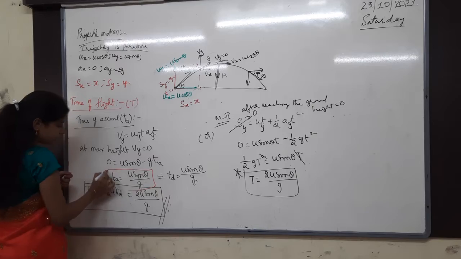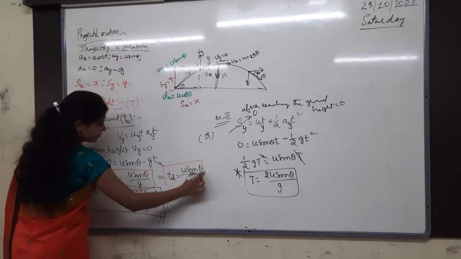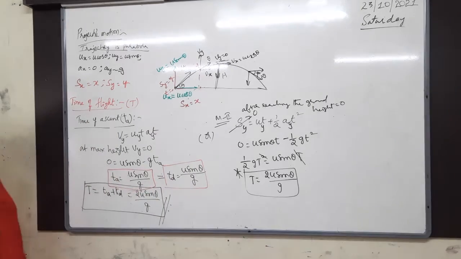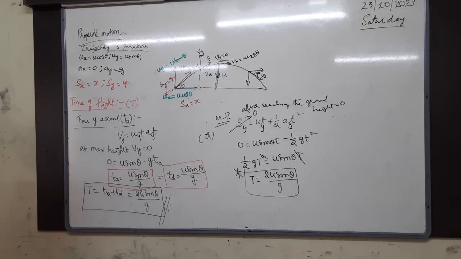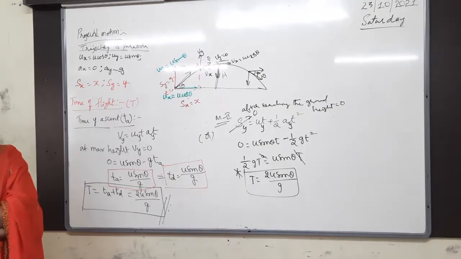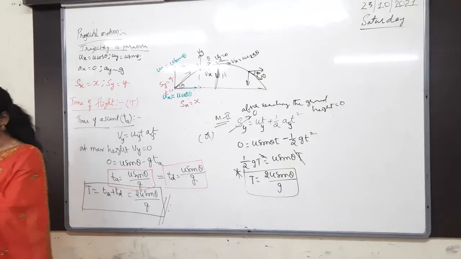Right, time taken to remain in the air. Capital T is equal to time taken to remain in the air. TA is equal to time taken to reach the maximum height.